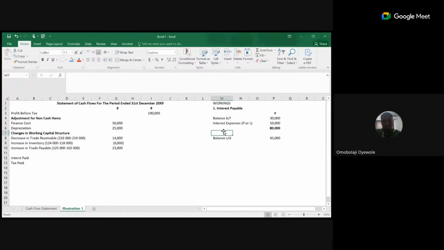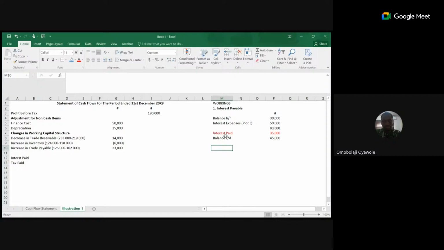So my interest paid will be this 80,000 minus 45,000, which gives me 35,000. So this represents my interest paid. I just put it in red so that we can see.